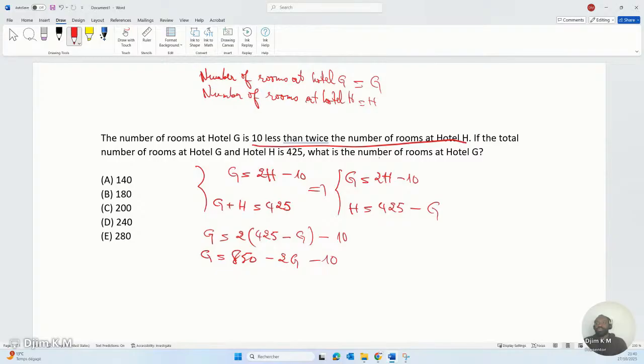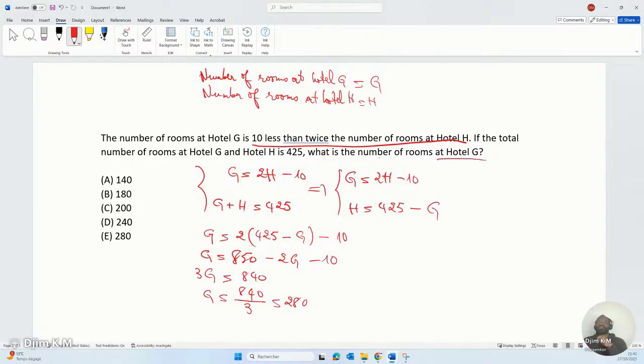So this will come here, it will be 3G. So G will be 840 divided by 3, which is 280.